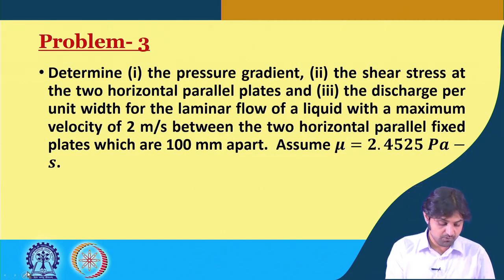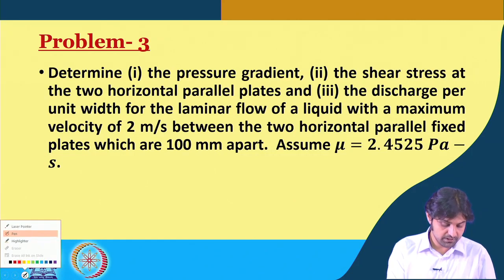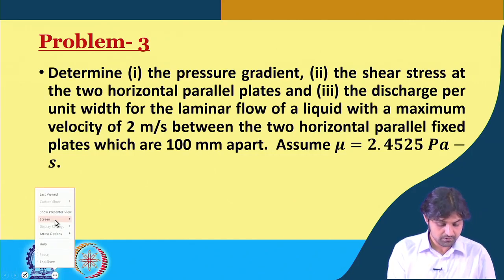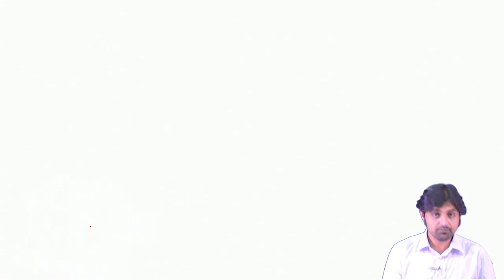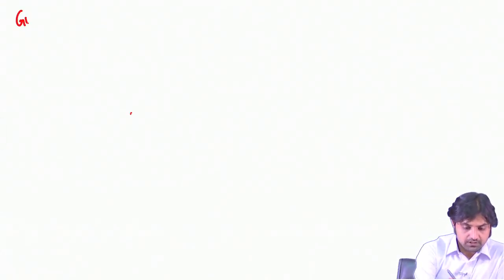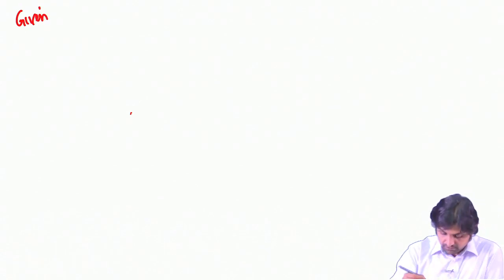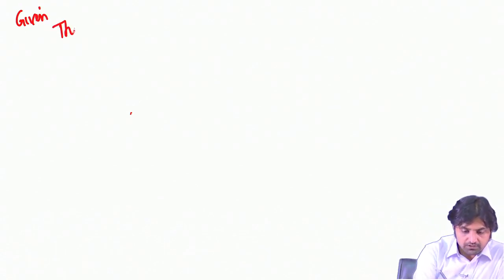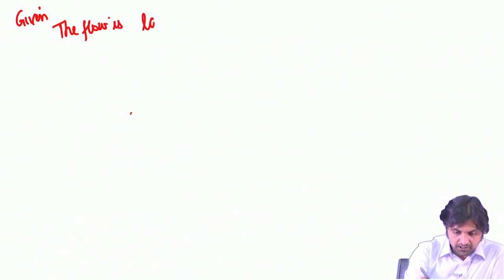To solve any problem, what we do is we simply first write the things that we know from before. So, I will just start writing down. First we write out the things that are given. Given is the flow is laminar.